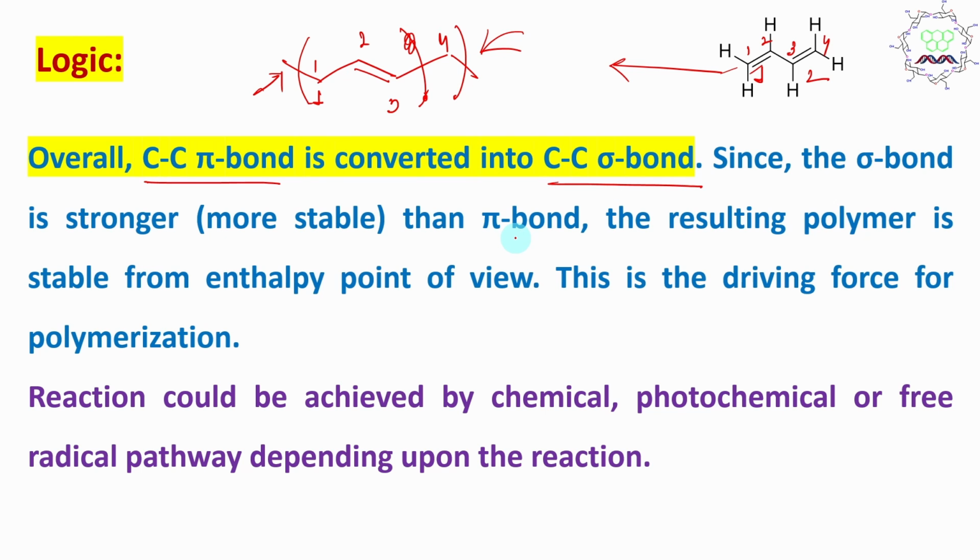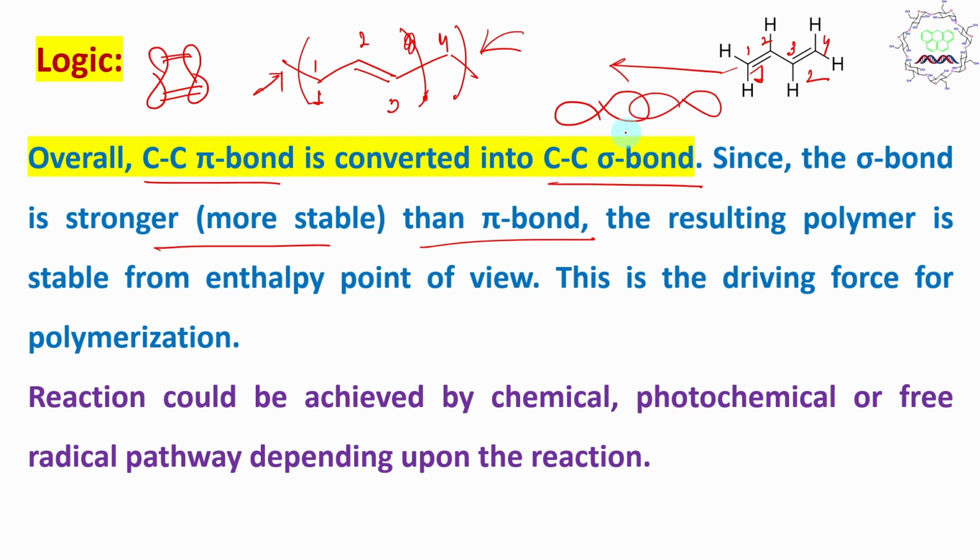Remember, a sigma bond is stronger and more stable than a pi bond. Why? Because a pi bond is made by parallel or sidewise overlap, which is not a very strong or stable overlap, the extent of overlap is less, so it is a weaker bond. And a sigma bond is made by head-on or end-to-end overlap. In this case it's an sp3 overlap, not pp.